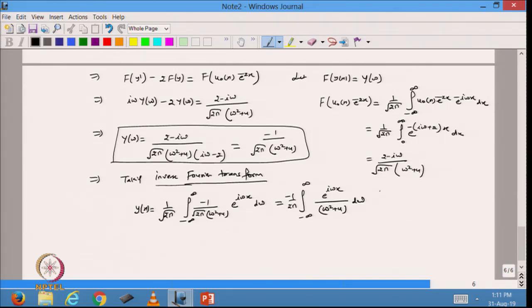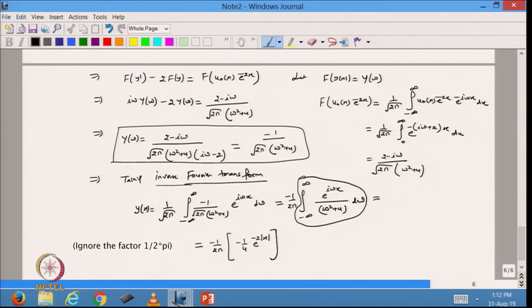So, if we take the integration of this expression, then I can write this as minus 1 over 2 pi, and then this quantity will be the same as minus 1 by 4 e raised to power minus 2 mod x. So, this integration will give this value. So, from here I can say that the value of this will be e raised to power minus 2 mod x over 8 pi.